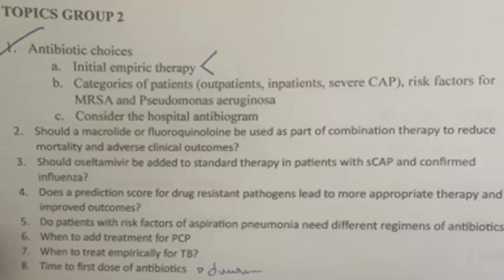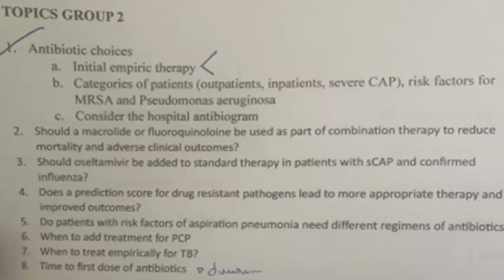We are a group of about 6 who did this. Some of my colleagues are in the panel, and they'll assist in this presentation. So we'll talk a bit on the antibiotic choices for CAP and HAP. We'll consider the KNH hospital antibiogram.